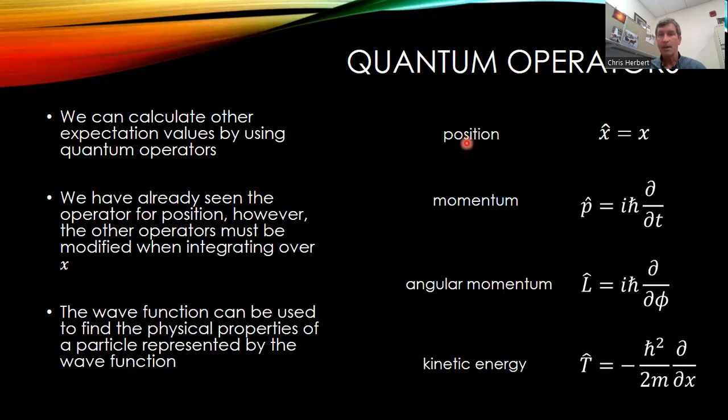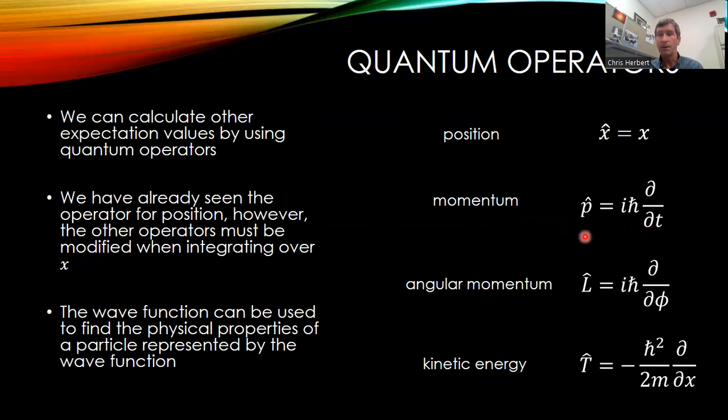So again, position: we say these are quantum operators, which we can place inside these expressions. The operator for position is just x, but let's say that I wanted momentum. Then I would put in the momentum operator, which is actually a little bit more complicated than just inserting p in there, okay?